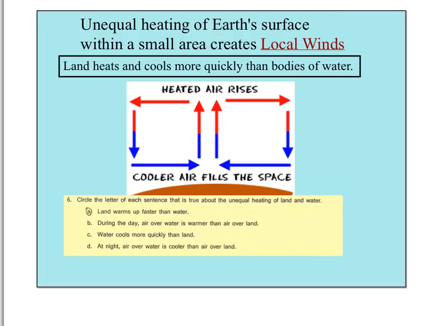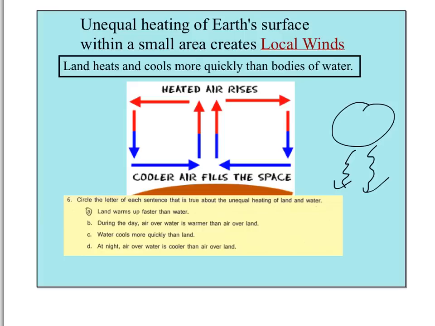So nonstop, the sun is constantly shining, and that sun is sending us infrared radiation down to the surface of the earth. Unfortunately, the Earth's surface is rotating, and so the surface of the Earth is not evenly heated. So we say it is unequally heated.